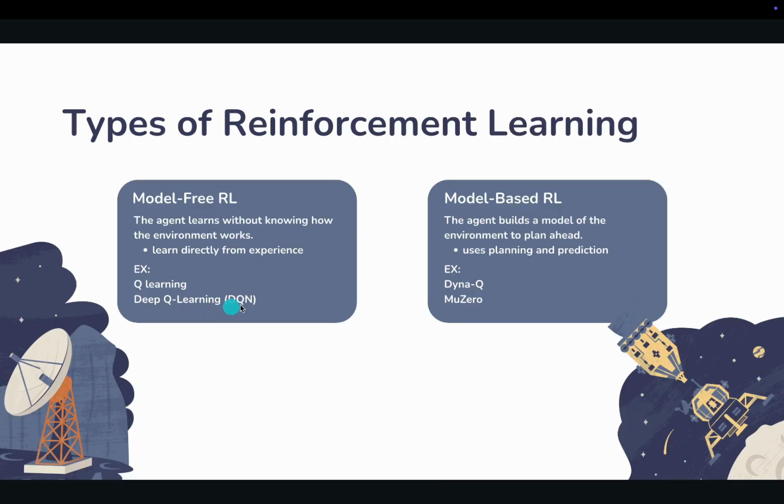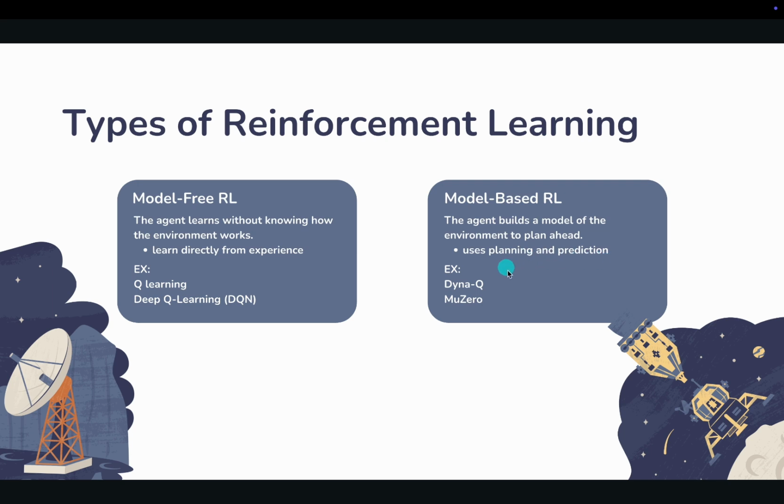So there are two types of reinforcement learning. The first one is model-free, where the agent learns directly from its experience. Examples of model-free reinforcement learning are Q-learning and deep Q-learning or DQN. And the second one is model-based reinforcement learning, where the agent builds a model to plan and predict the optimal path.